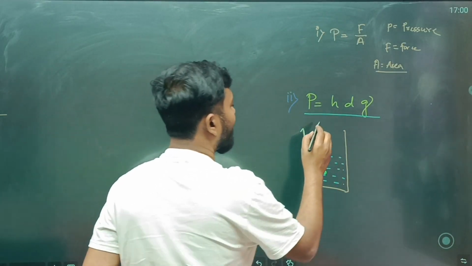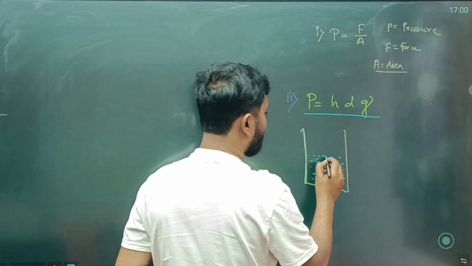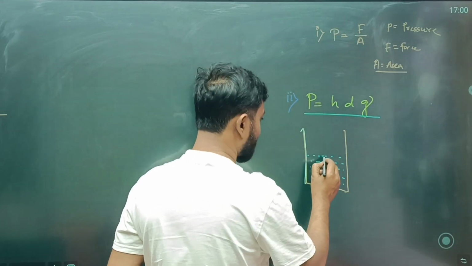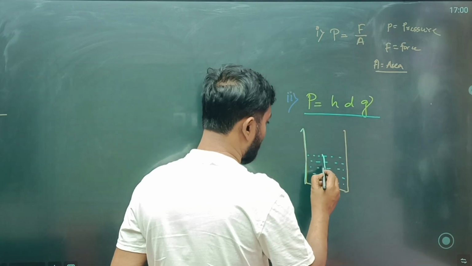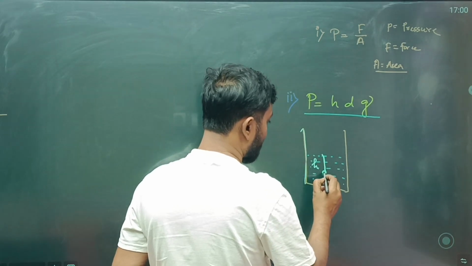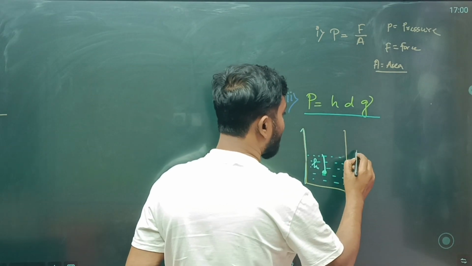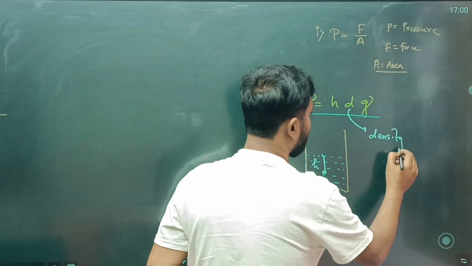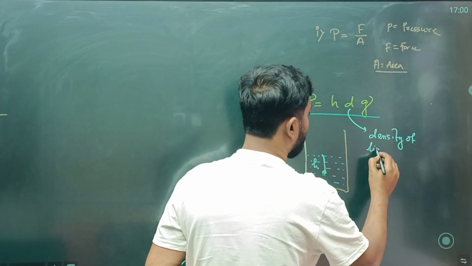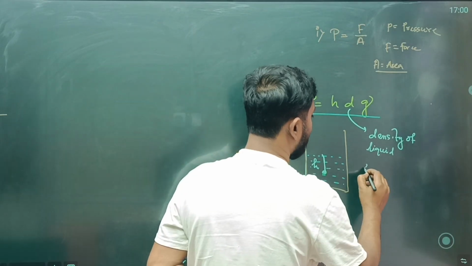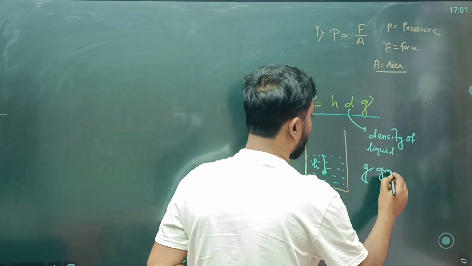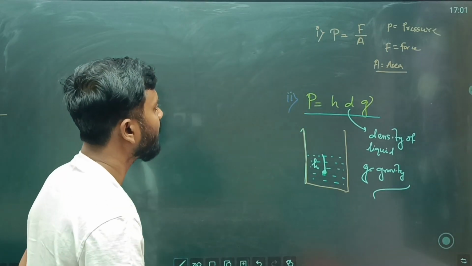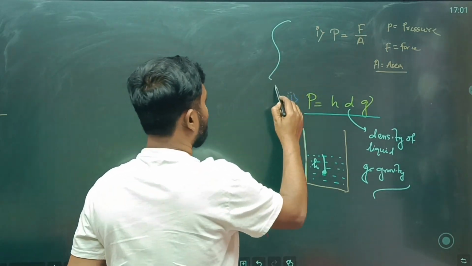What is h? h is the depth from the upper surface to that point. d is the density of the liquid and g is gravity. Okay, these two important things we need to remember.